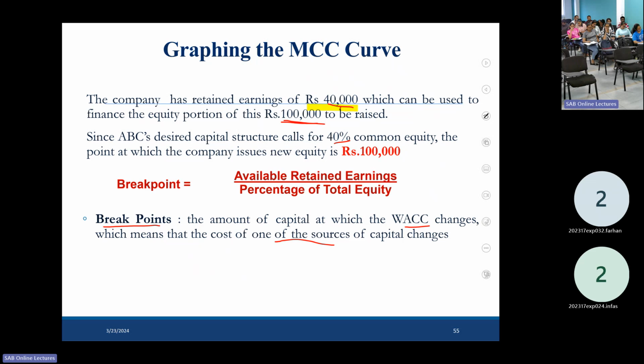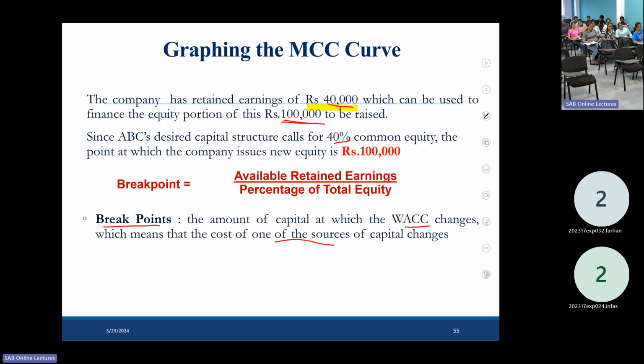But you can identify what the next break point is. The 11.64 weighted average cost of capital was calculated using retained earnings. This 11.64 changes when the company issues new shares.